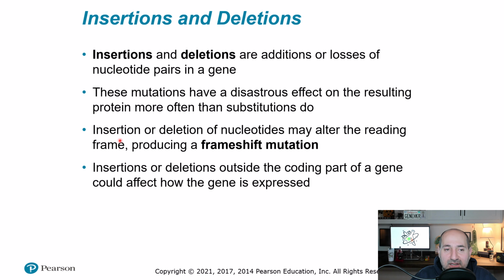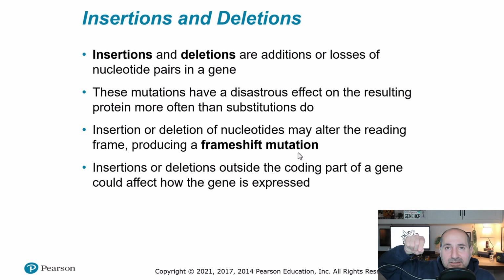Because they cause what's known as an altered reading frame, producing a frame shift mutation. Think about it. You're shifting your reading frame. Remember, the ribosome is reading every 3 letters, every codon.